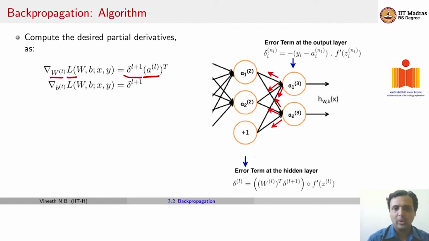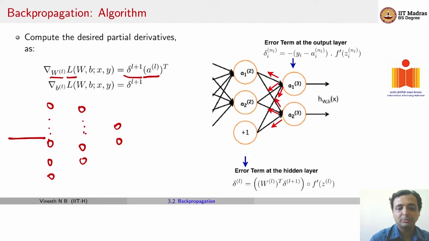Let's try to understand why this is correct. Let's consider a neural network. Let's say these are some layers of a neural network and these are nodes. Let's assume that there are many more layers before this, but this is the last layer, which is N_L. This is the penultimate one, N_L minus 1.